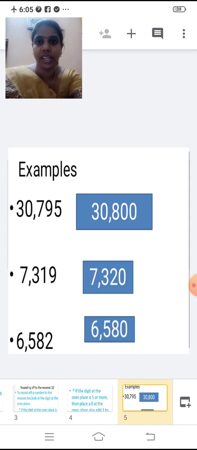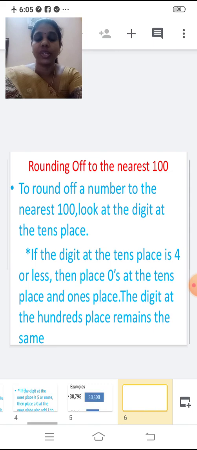What digit are we having in the tens place? 8. It will not change. So 6,582 is rounded off to 6,580. Next we'll see rounding off to the nearest 100.